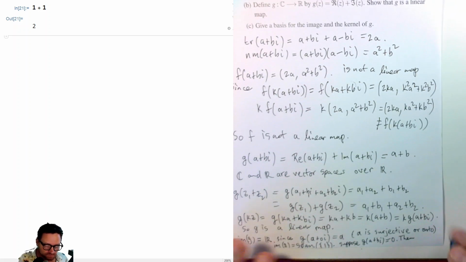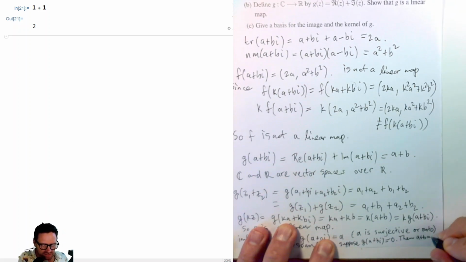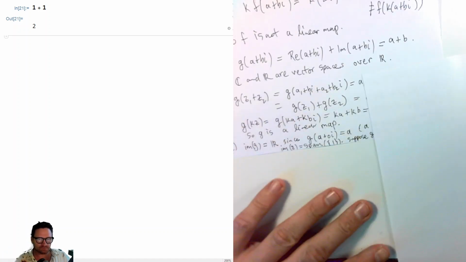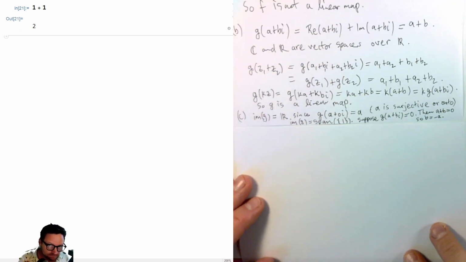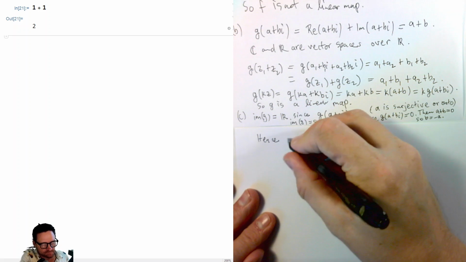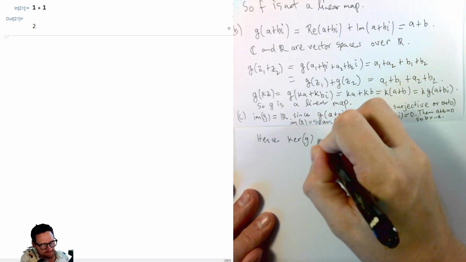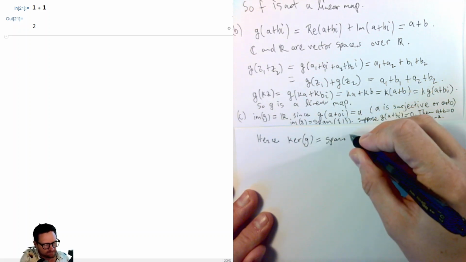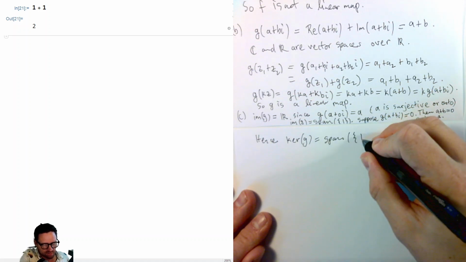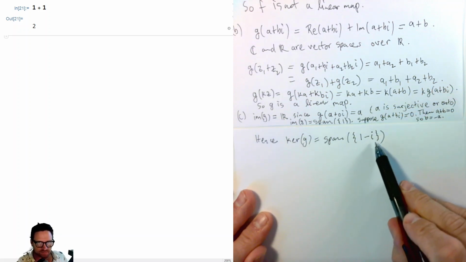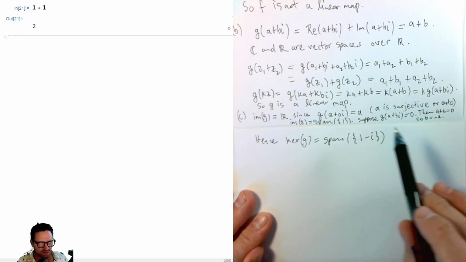Well then A plus B equals 0, so B equals minus A. Hence, the kernel of G is span of the vector 1 minus I. In other words, any multiple of 1 minus I will get sent to 0 under the map.